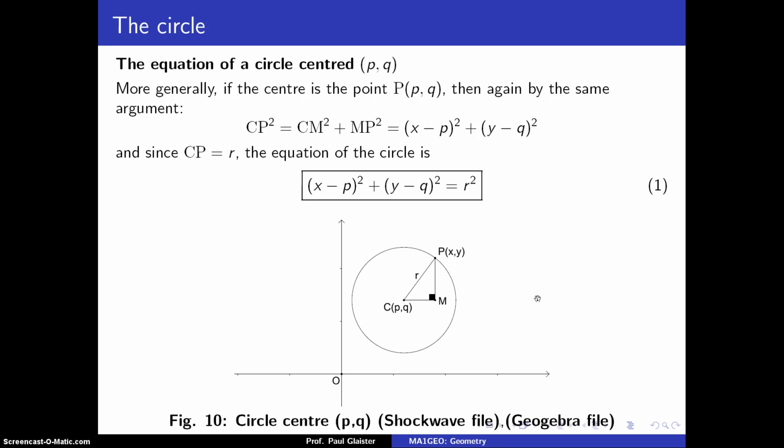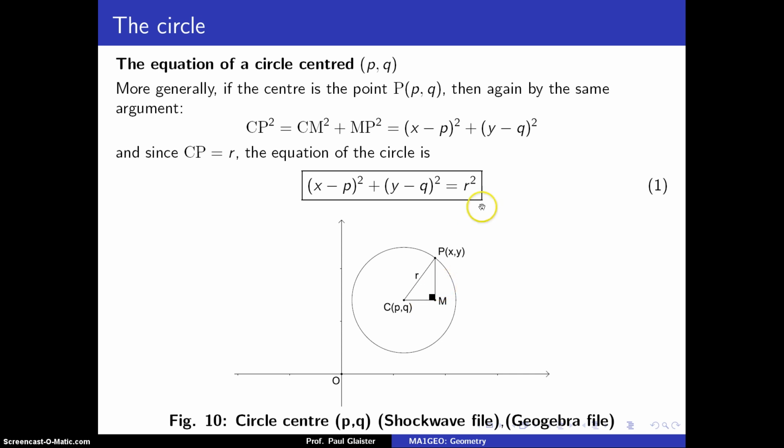So here, to generalize that result, this circle has center p, q, radius r again, and a point P on that circumference with coordinates x, y, again satisfies the Pythagoras' theorem in this right angle triangle, but in this case, whilst the hypotenuse squared is still r squared, clearly the length of the adjacent and opposite sides are not x and y, they're going to be x minus p and y minus q.